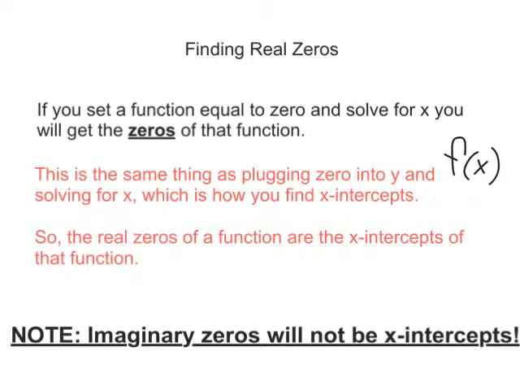We won't need them here. When we're doing solutions, or if we're finding all zeros, we will keep them. But for what we're doing right now, we're looking at the connection between the real zeros and the x-intercepts. So any imaginary zeros that you might get in any homework problems, you just won't use.